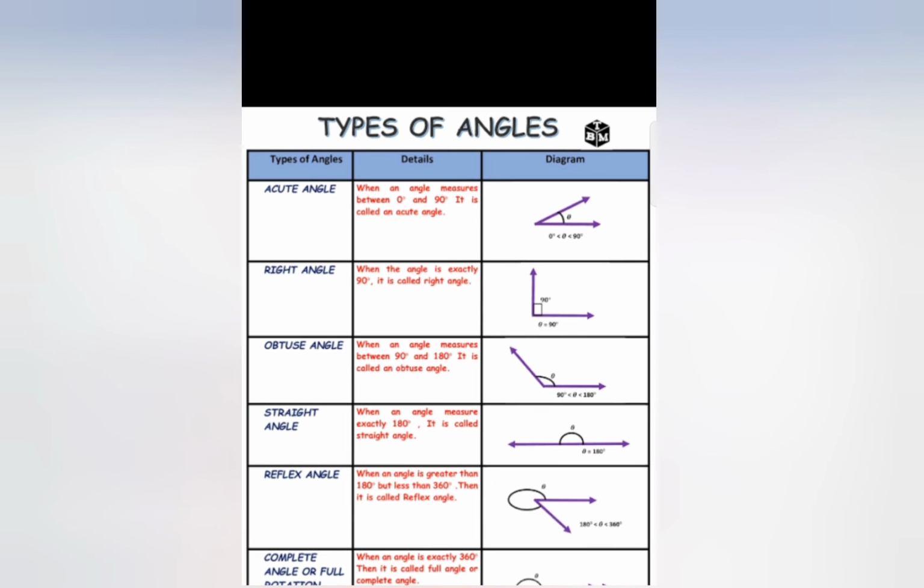Exactly 180 degrees represents a straight line angle. An angle more than 180 degrees but less than 360 degrees is a reflex angle. And exactly 360 degrees represents a complete angle.